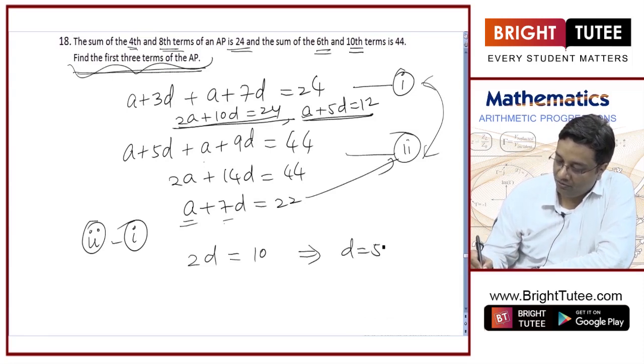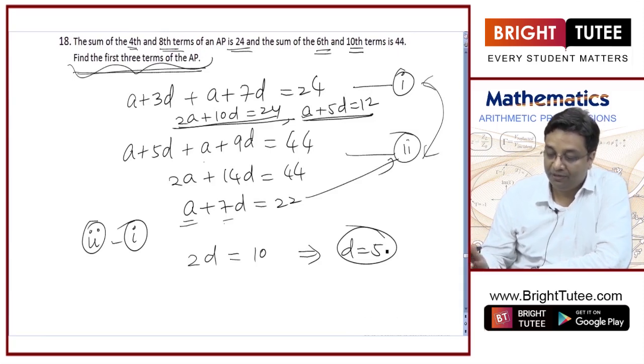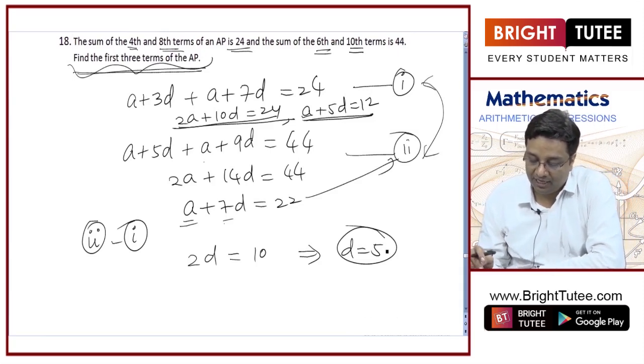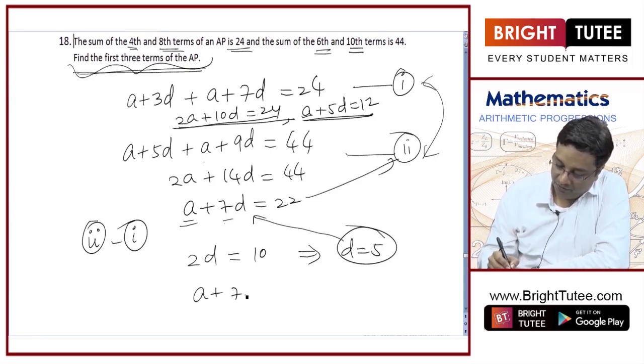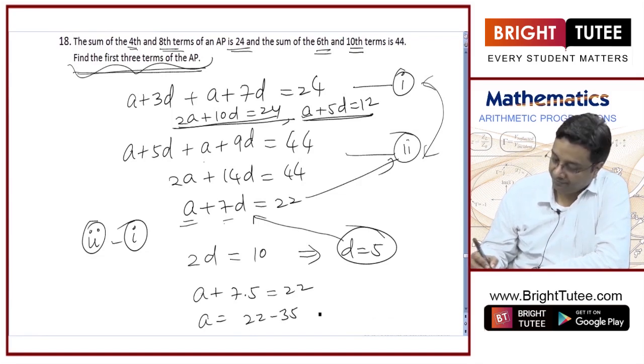Hence D is equal to 5. Now if I put D in any of these 2 equations, I will get A. So let's put D in the second equation. A plus 7 into 5 equal to 22. So A is equal to 22 minus 35, which is equal to minus 13.